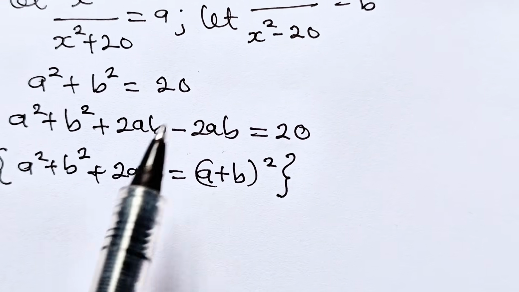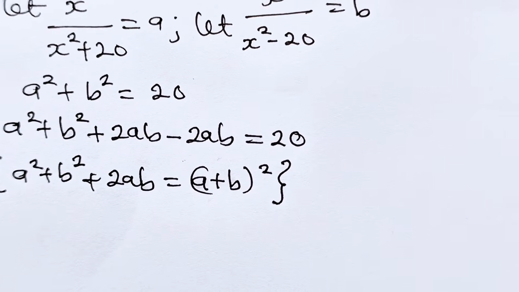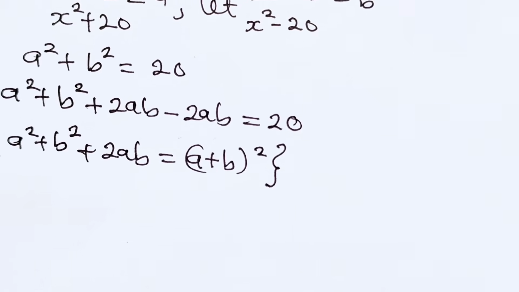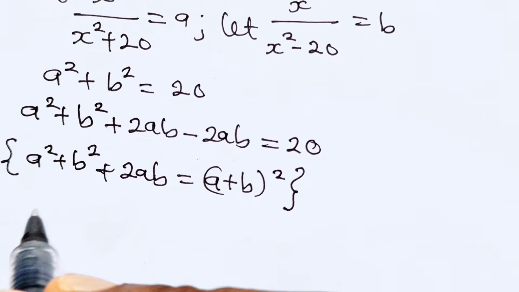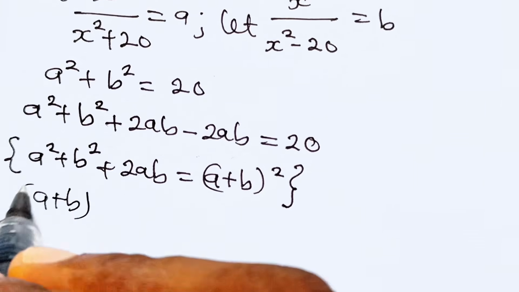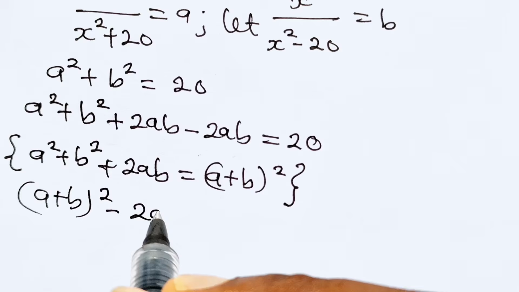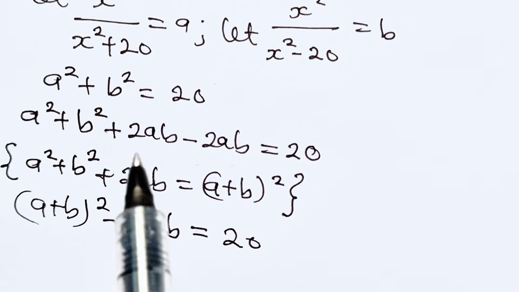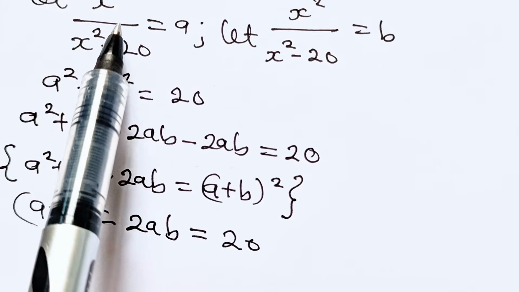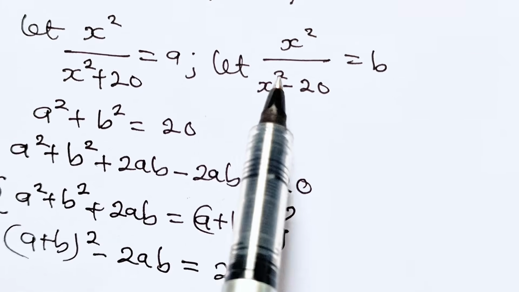Therefore, we can now rewrite this as a plus b all squared minus 2ab is equal to 20. Now let's replace our a with this and our b with this.